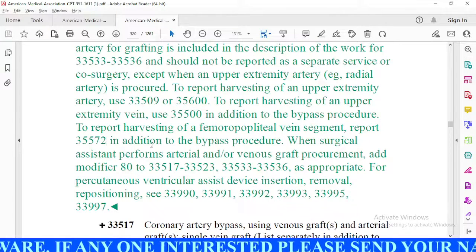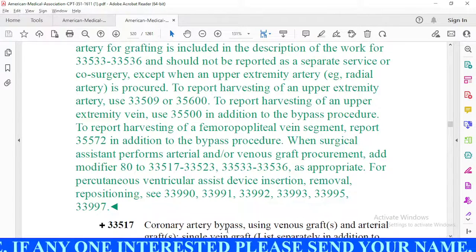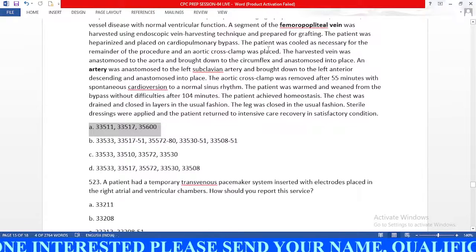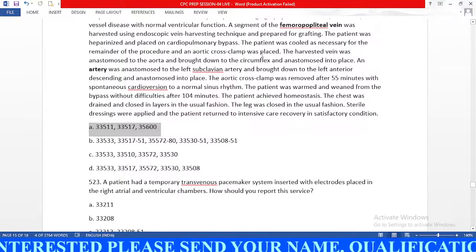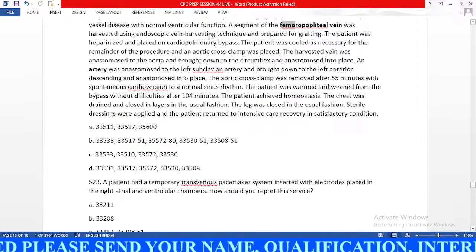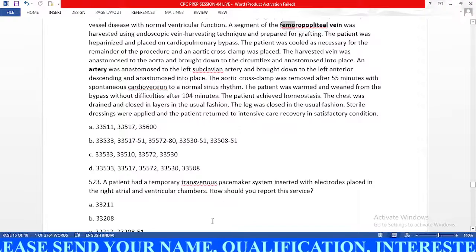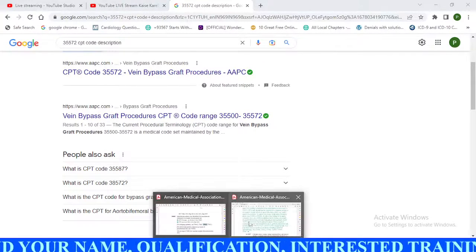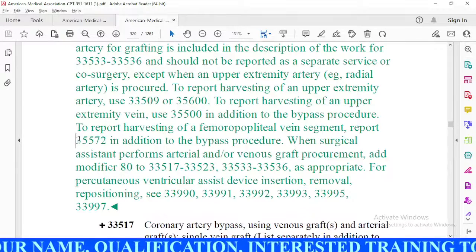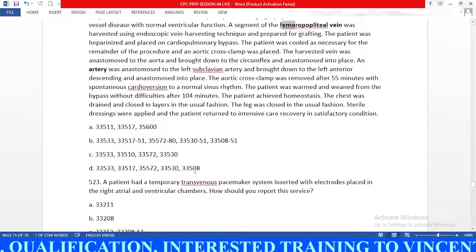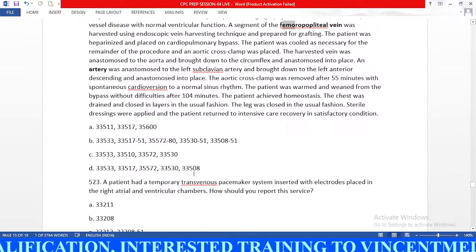Report 35572 in addition to the bypass procedure. If you check here, the physician has harvested femoropopliteal vein using the endoscopic vein harvesting technique. So we need to use 35572. So we need to code 35572 also along with arterial or combination code, and 33530 we need to select.